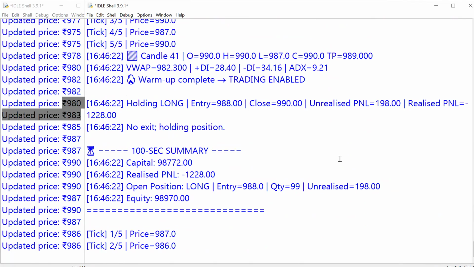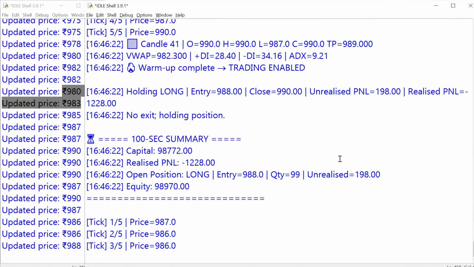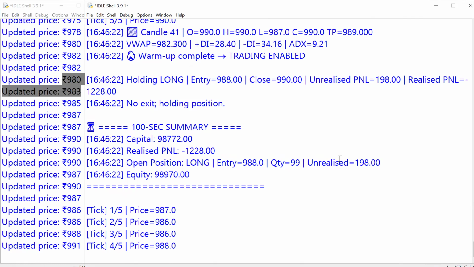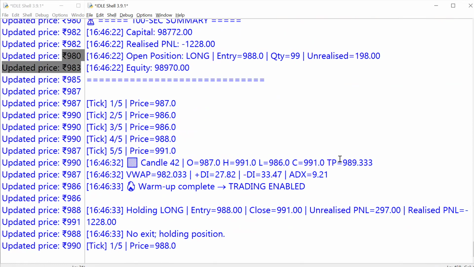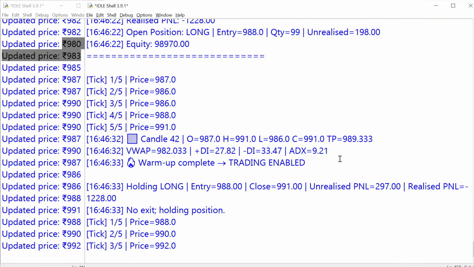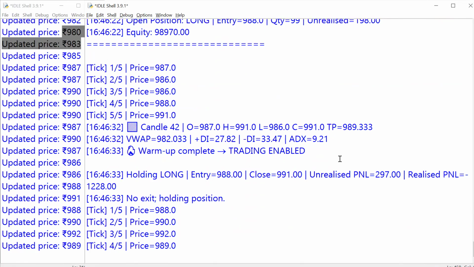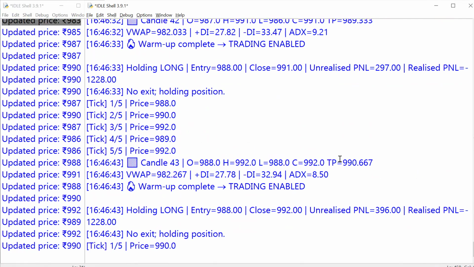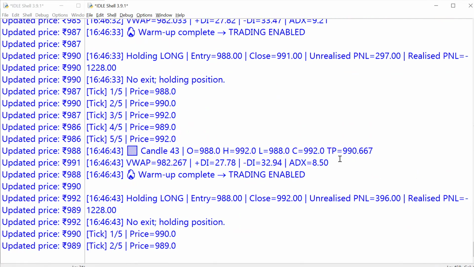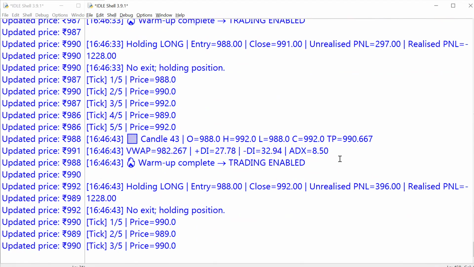That means it's still holding a long position. ADX has not hit the stop loss. We are still holding the position at 988.